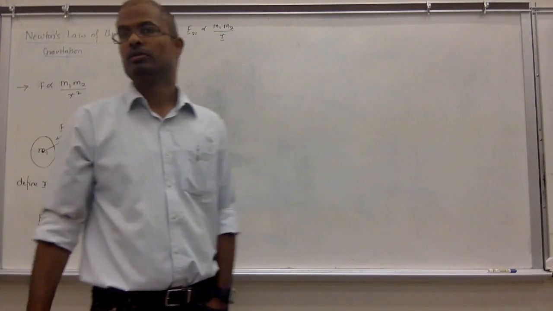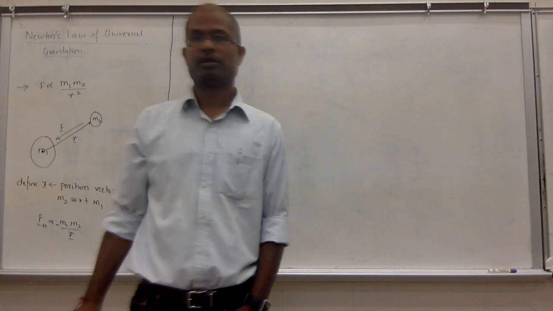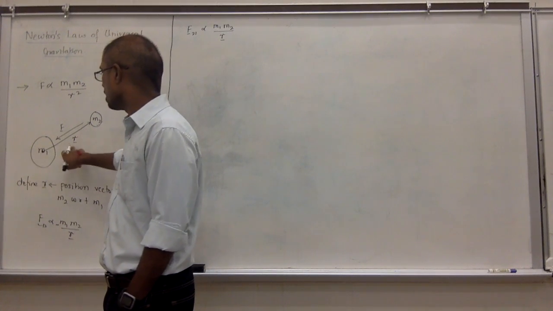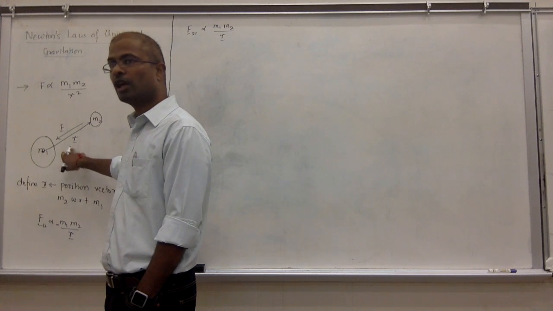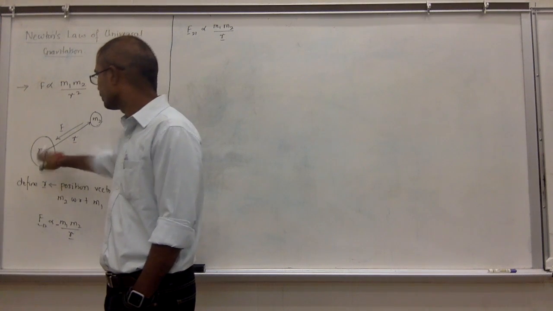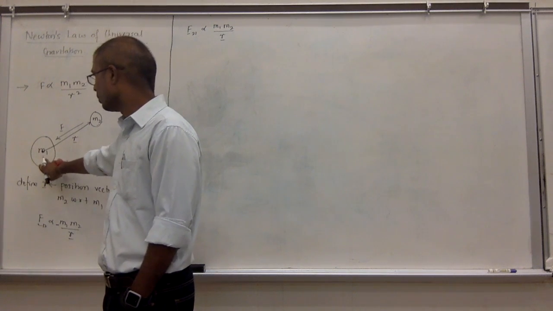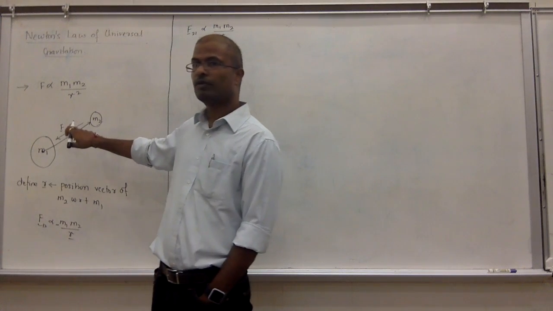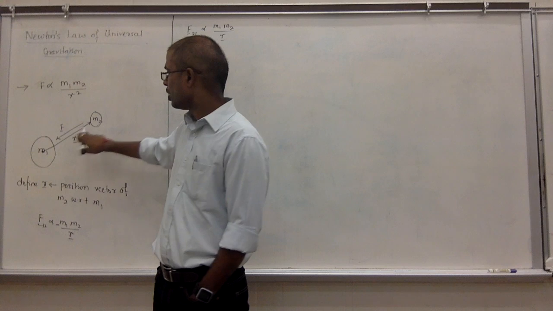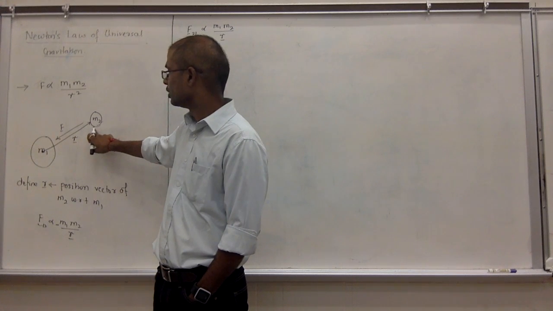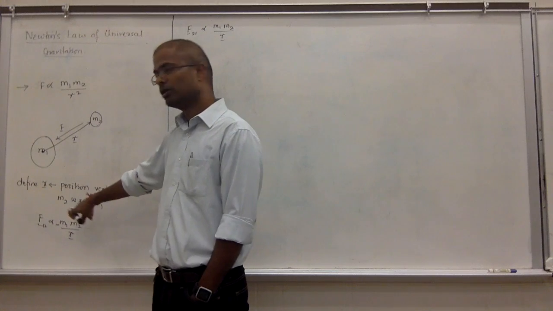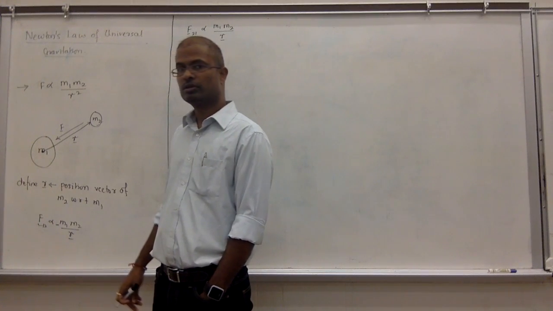It's like the center of mass and the origin. It depends on how you define this R. If you define this R as the position vector of M2 with respect to M1, and you are interested in the force of attraction on M2 due to M1, which is in this direction, then this is how it goes.